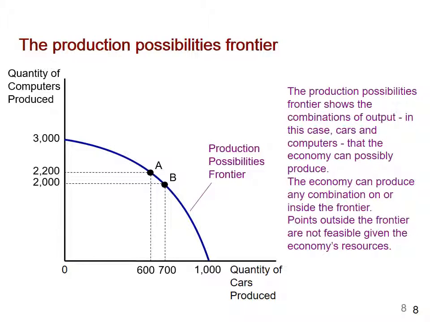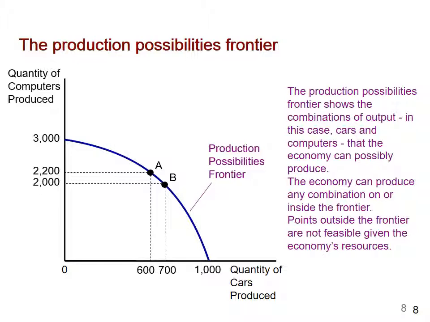Now because there is no wastage, the only way you can get more cars is if you move some workers, some equipment, some resources from the production of computers and devote them to the production of cars.